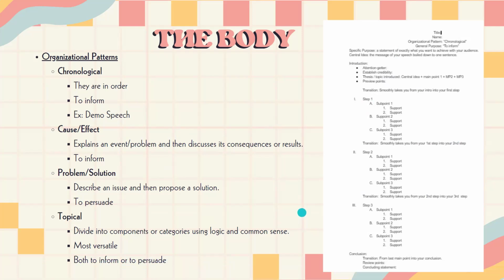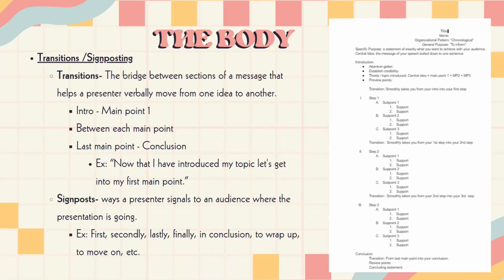Okay, now that we've learned about some organizational patterns that we'll be going through throughout the semester, let's get into our transitions and signposting under the body of our paragraph. So basically, I want you to imagine, like I said, your audience doesn't have captions for you.